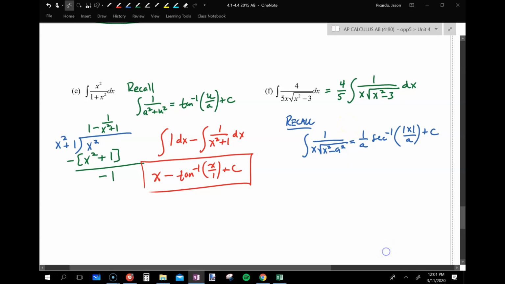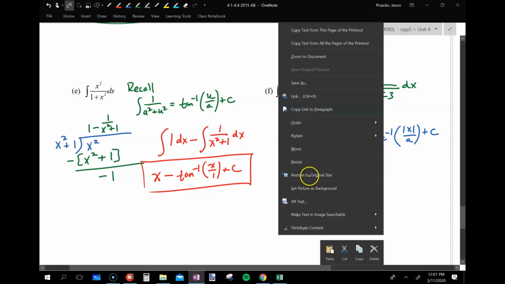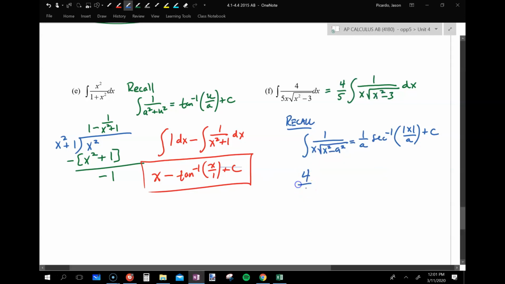So in this case, we get a solution of 4/5 times 1 over radical 3 inverse secant. And there it is.